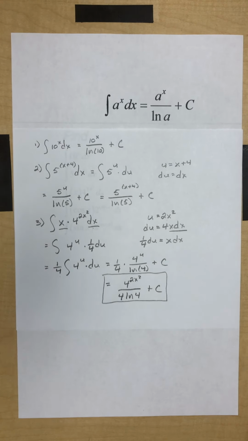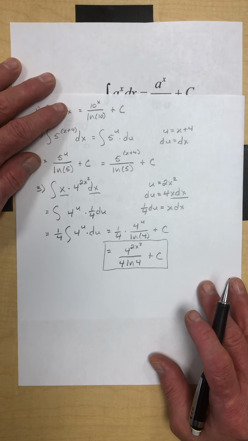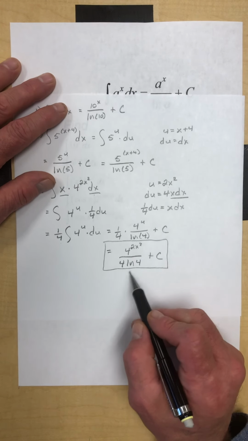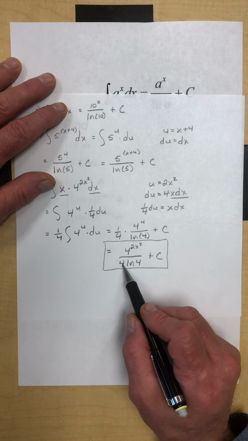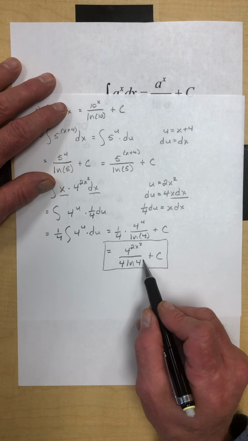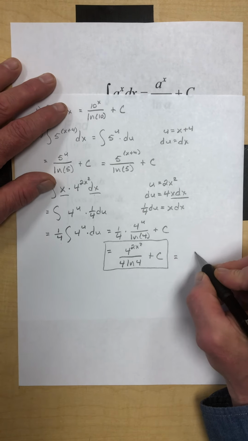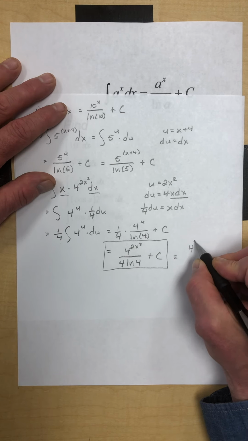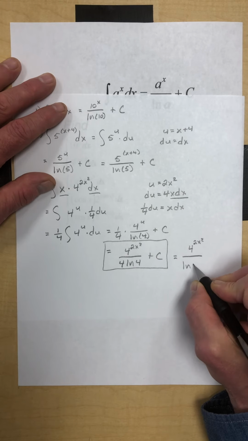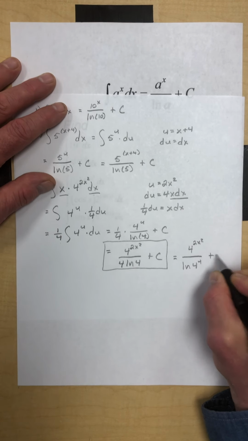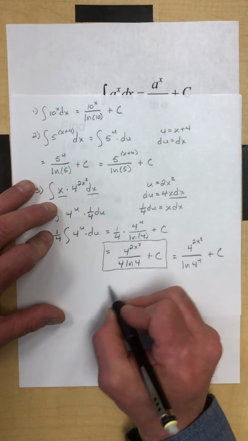Now I would say that is certainly one acceptable form. As I'm looking at it, I'm drawn to that denominator, because I have a logarithm and a coefficient, so I could take that coefficient and move it back as an exponent using my power rule. So I could write this as 4 to the 2x squared power all over the natural log of 4 to the 4th plus c, and 4 to the 4th would be 16 times 16, or 256.